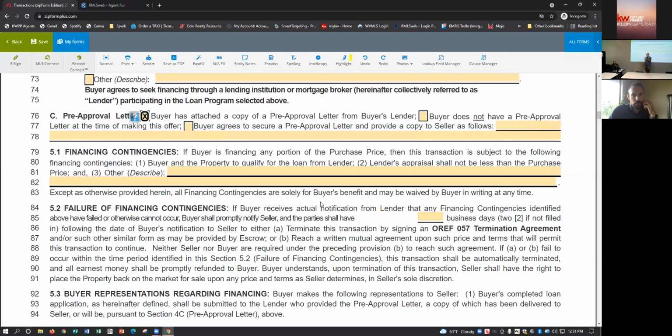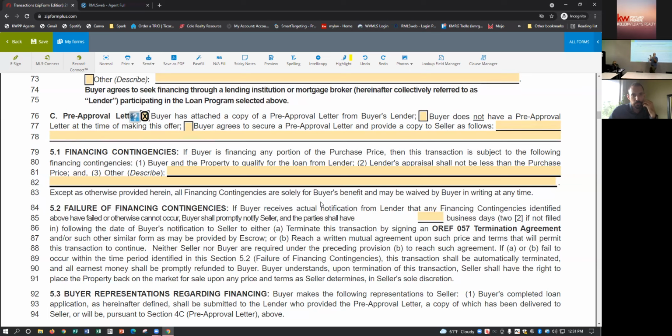You could even say the buyer agrees that the property shall appraise for, if your client's going to bring in $10,000 extra, the sale is contingent upon the property appraising for no less than $490,000, because we set the purchase price at $500,000.